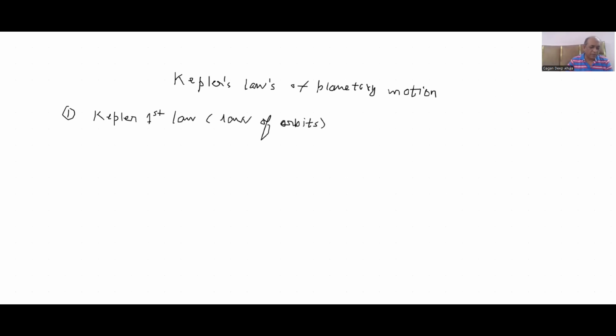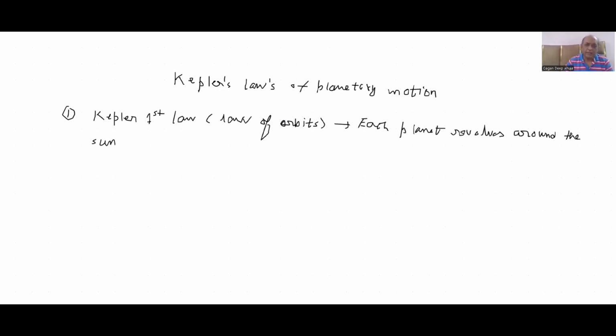And according to Kepler first law, it says that each planet revolves around the sun in an elliptical orbit.